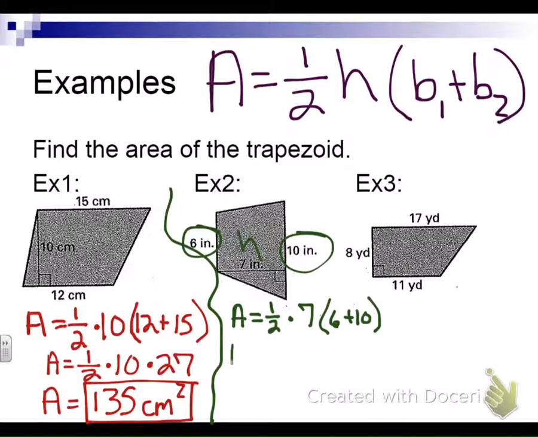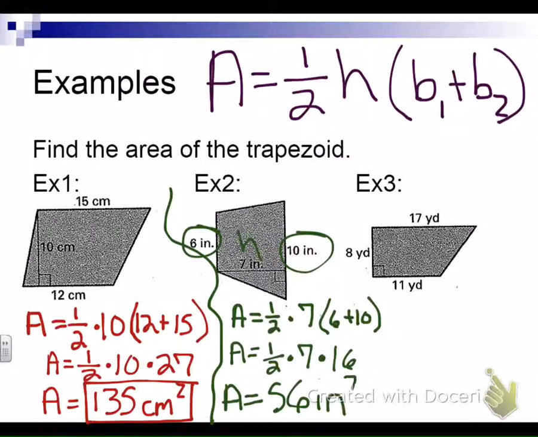You can either type it directly in your calculator or solve what's inside the parentheses first. Okay, so what is my answer? 56. Did somebody else get that? Yeah, that looks right. 56 what? Inches squared. Very good.